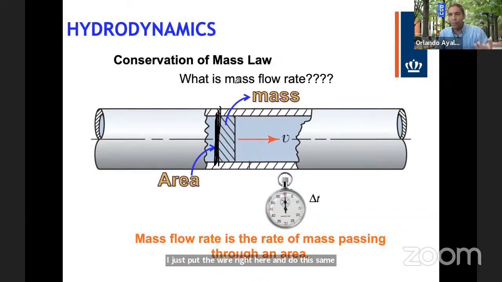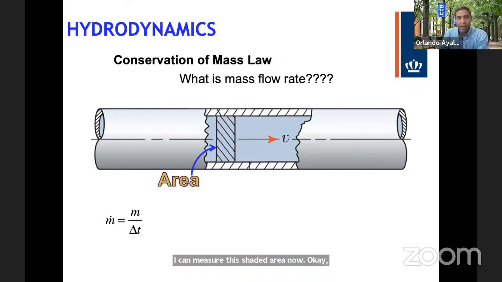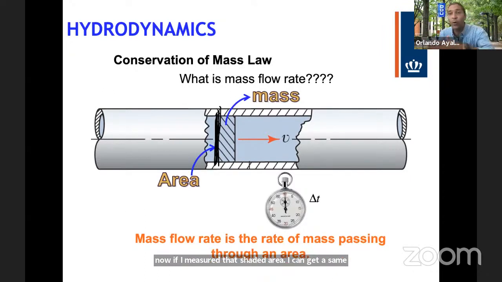I start my chronometer and I stop it. Once I stop it, with a delta T, I can measure this shaded area. Now, if I measure that shaded area, I can get a sense of the amount of mass. Before going to the next slide, mass flow rate is the rate of mass passing through that area, the area where the wire was.